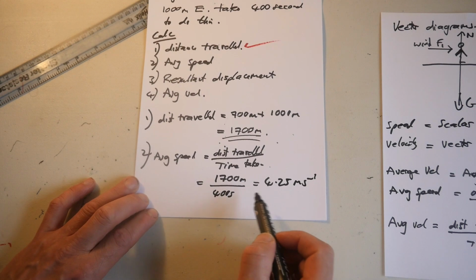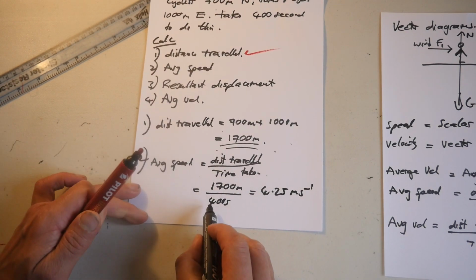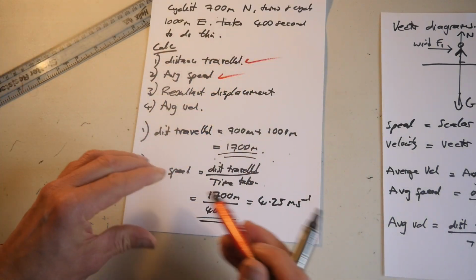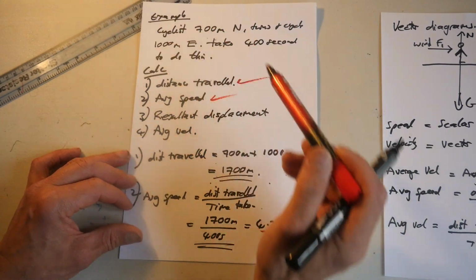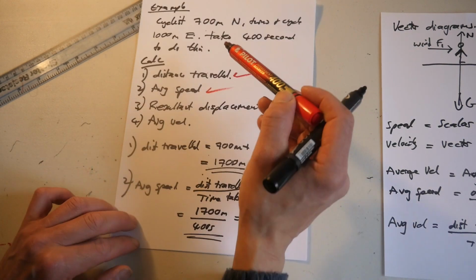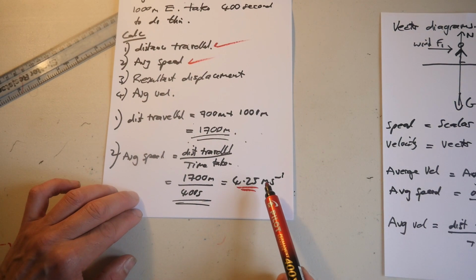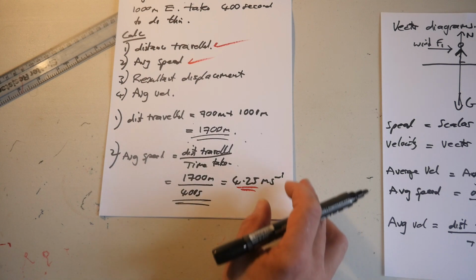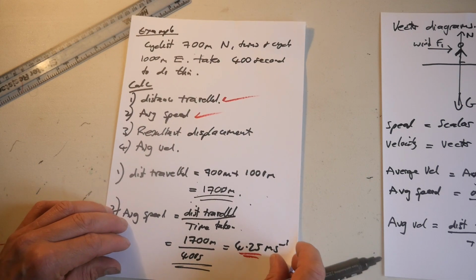So the average speed is 4¼ meters per second. So that's the second one done. Does that make sense? To get distance travelled, you just add up the distances and you get the total distance. The average speed is the total distance divided by the time taken, 400 seconds, which gives you 4.25 meters per second.